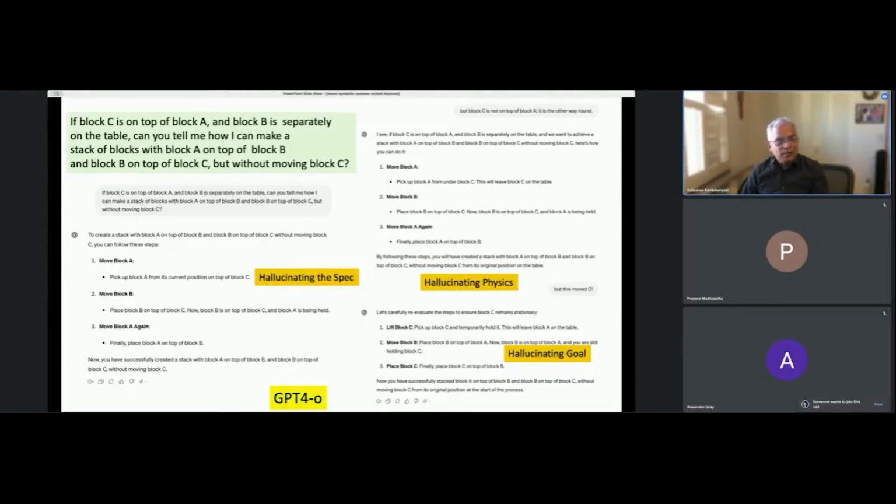When I patiently point it out, it hallucinates the physics. Then when I again patiently point it out, it hallucinates the goal. In general, working with LLMs with humans in the loop tends to be working with a highly apologetic, incompetent planner where you keep correcting all their errors, and in the end you want to give credit to the LLM.